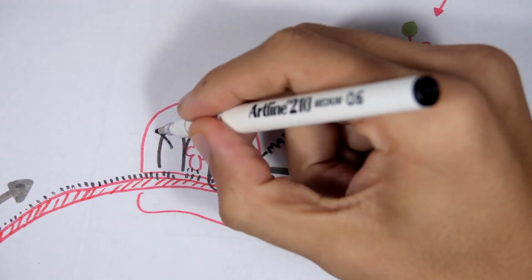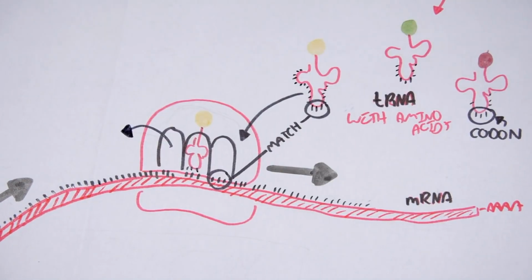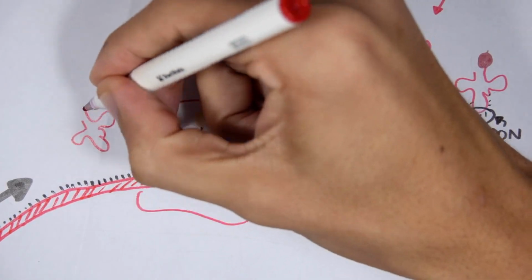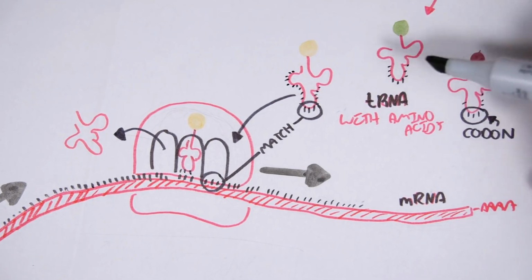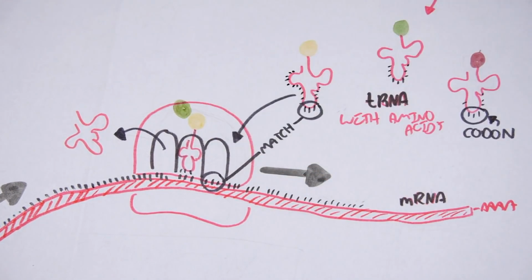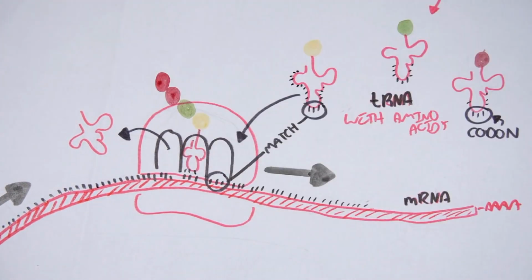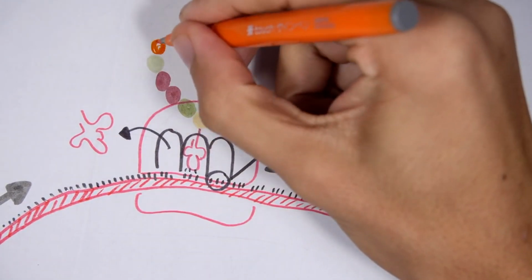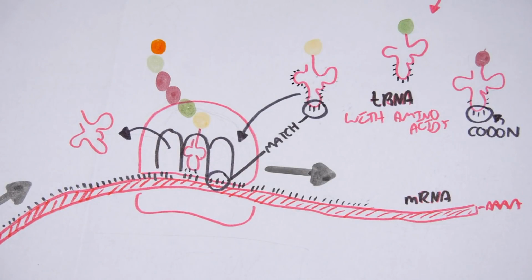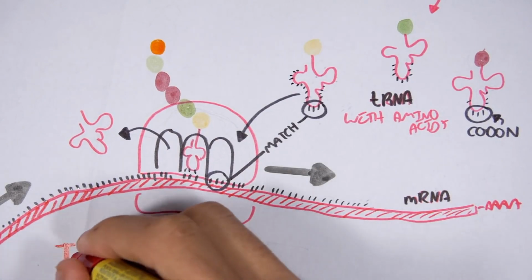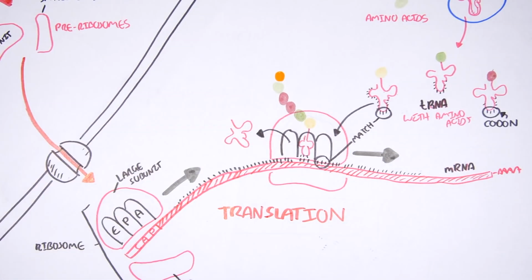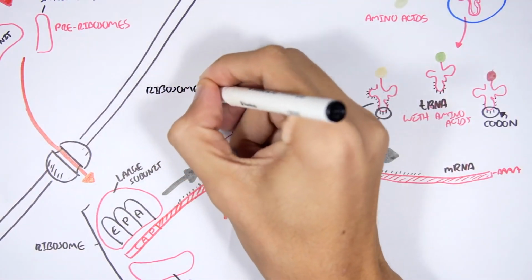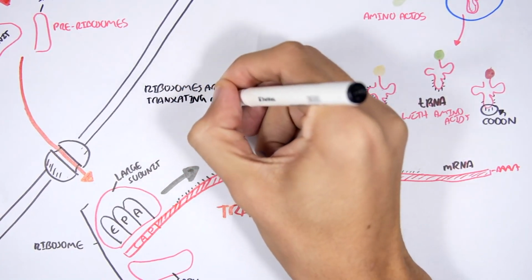And then as the ribosome keeps moving, the tRNA then will exit through the E site. The amino acid that was released from the tRNA will join with other amino acids from other tRNAs to form a polypeptide or protein. Now this whole process is known as translation. So what the ribosomes are doing is that the ribosomes are translating the mRNA to make proteins.